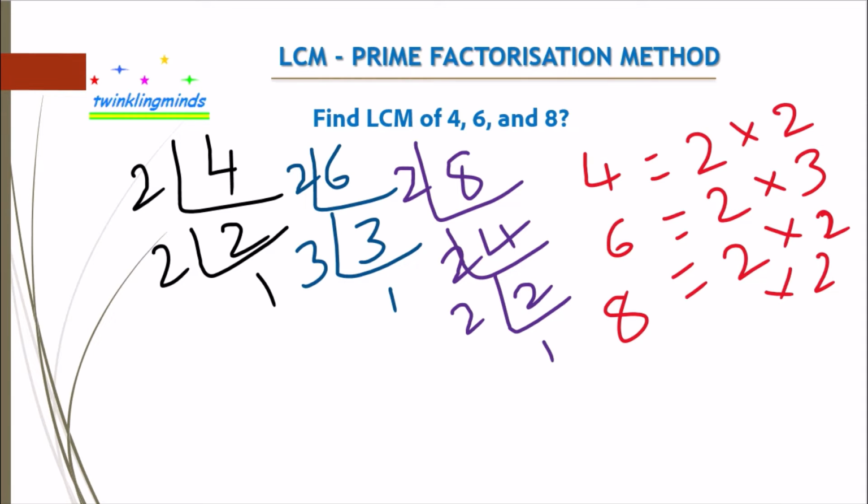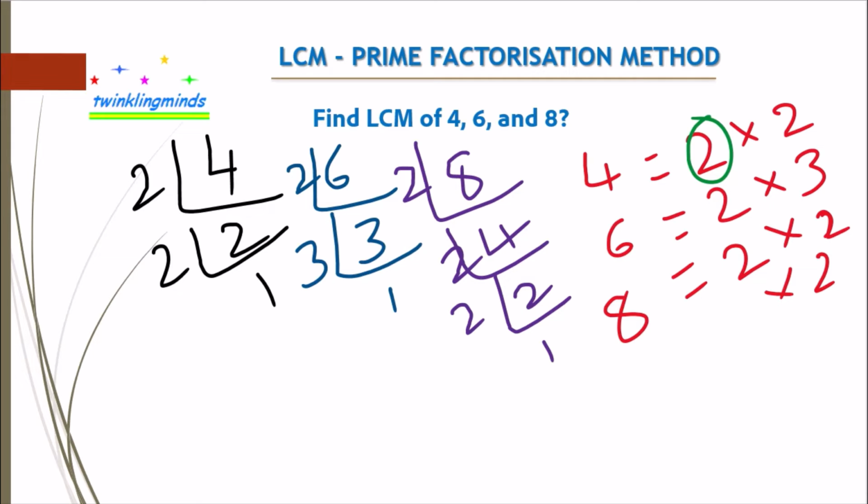Now let us find the common factors for these three numbers. So what we are going to do here is we will try to find out common factors first and consider only one for each common factor. So what I mean to say is, let us look at this. 4 is having 2 as a factor, right?